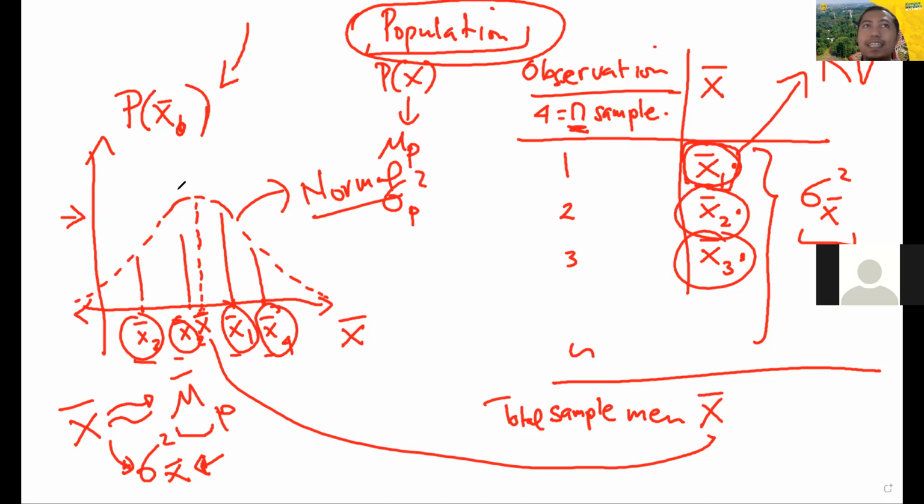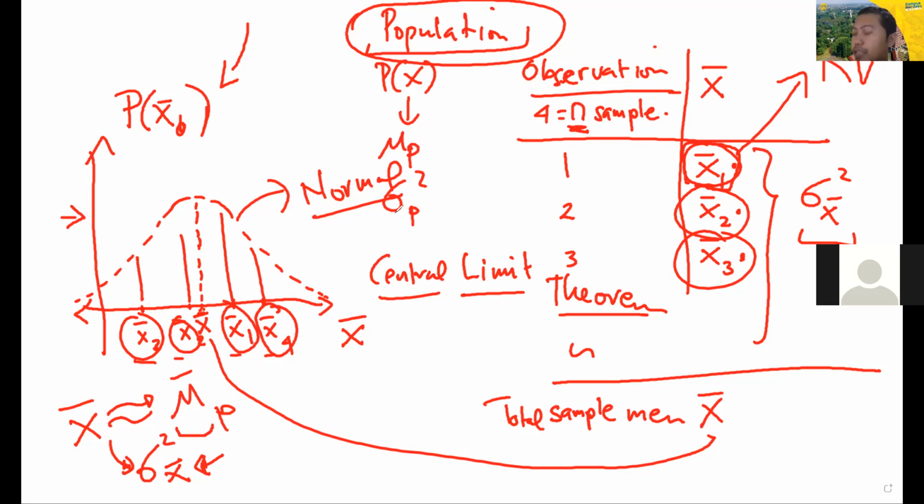Oke. Itu yang disebut dengan central limit theorem. Teori central limit.